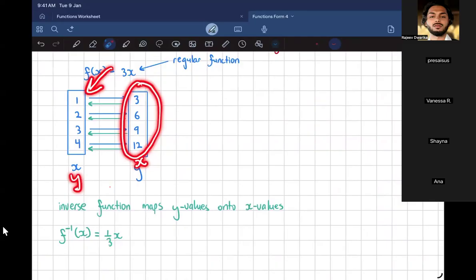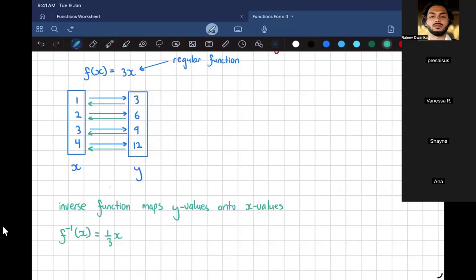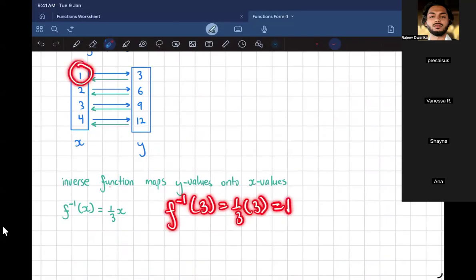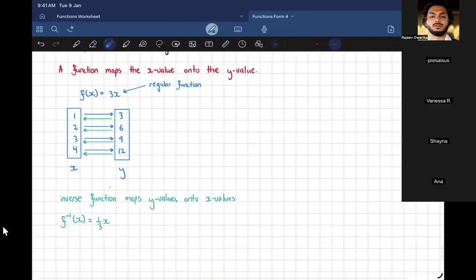So let's see if it's correct. If I put 3 into this function, I'm supposed to get 1. Let me see if that works. All right, so f inverse of 3 would be a third of 3. So we get 1. Yeah, so that's what inverse functions do.